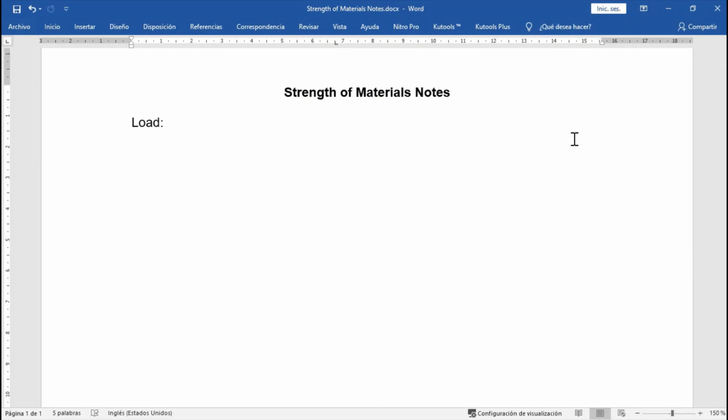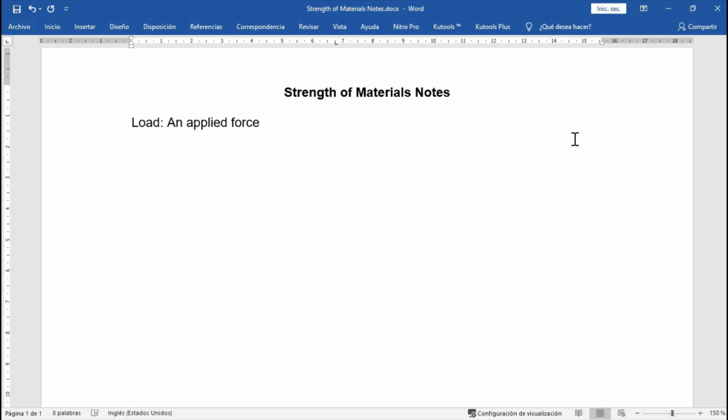Loading, we are talking about an applied force. Okay, so dynamic loading means that a force is going to be applied on a specific element, and dynamic means that it will be moving. It will be shock after shock.